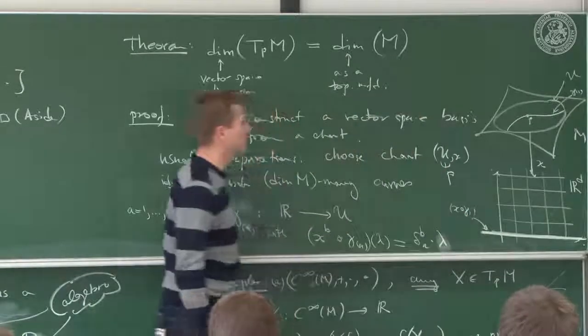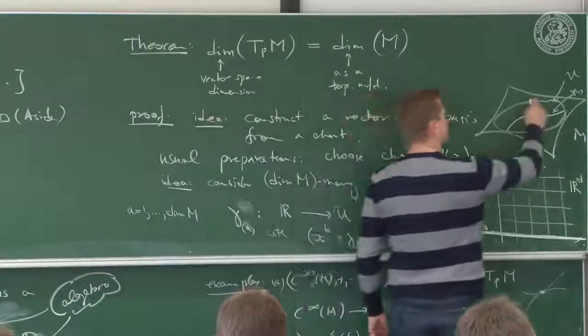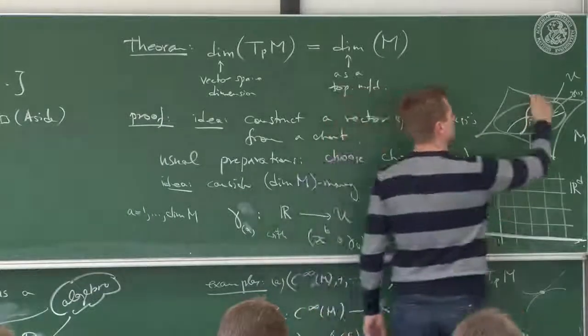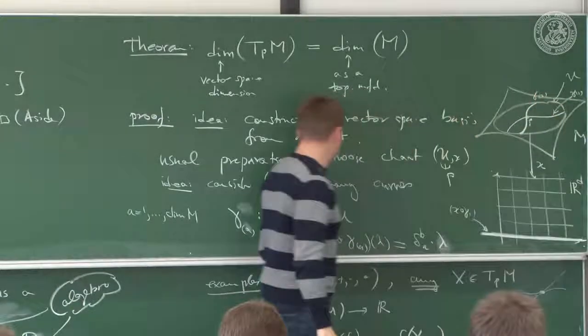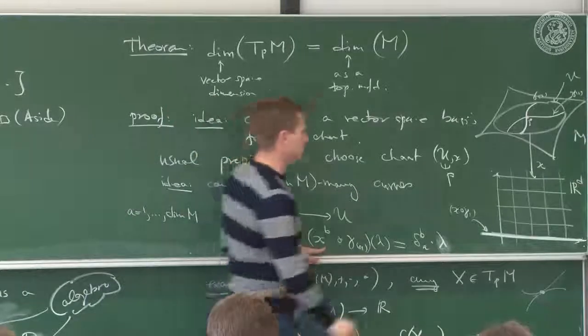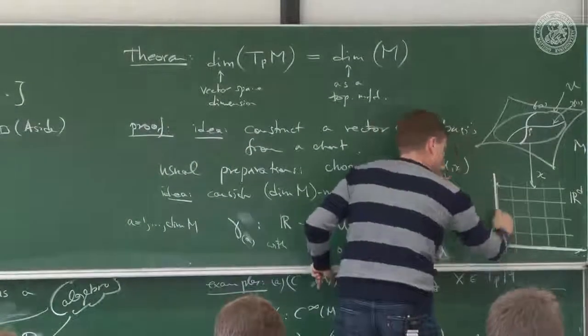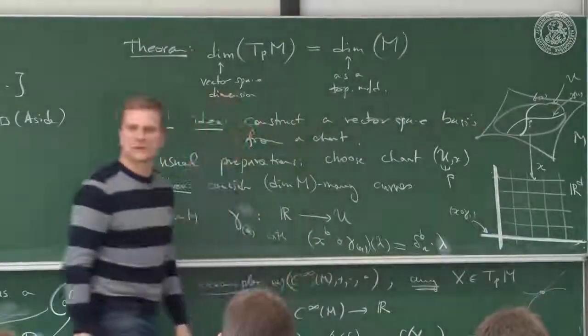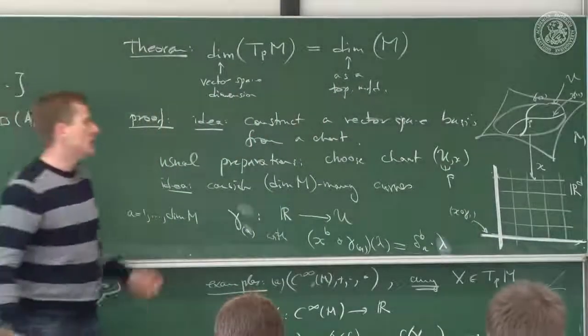This is this curve. And then I have another curve up here, which may look like this through that point. That will be the curve gamma 2. But it's only the curve gamma 2 if in the chart representation it looks like that. Okay?